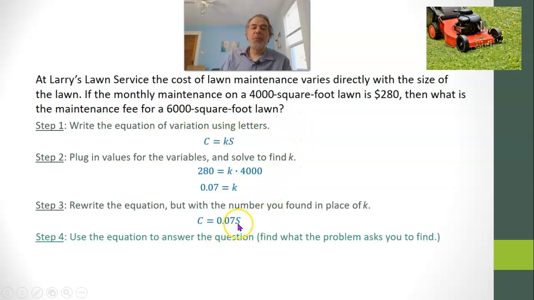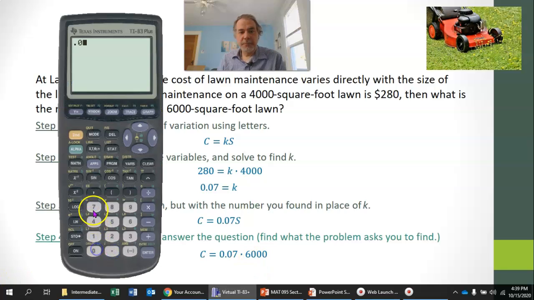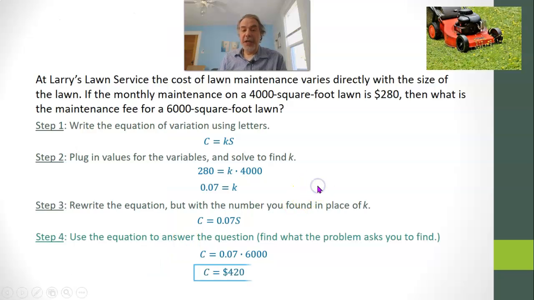Well, now we're putting 6,000 in for the size of the lawn. C equals 0.07 times 6,000. And that turns out to be $420. So the answer, $420.